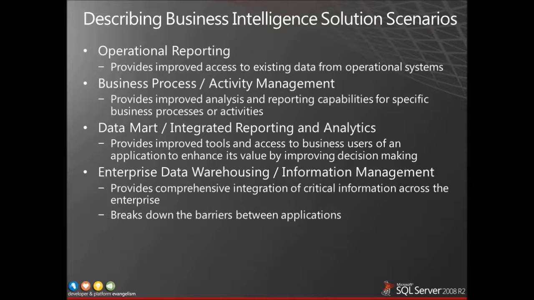This slide here talks about different BI solution scenarios: operational reporting, business process activity management, data mart, integrated reporting and analytics, the enterprise data warehouse, information management.